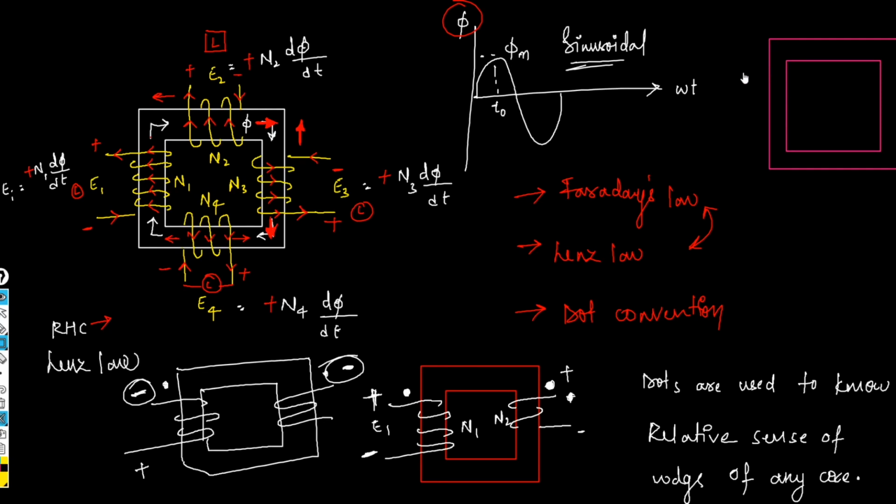So assume a core in this way, and it has windings in this particular fashion, and on the other side the winding has been done in this way.